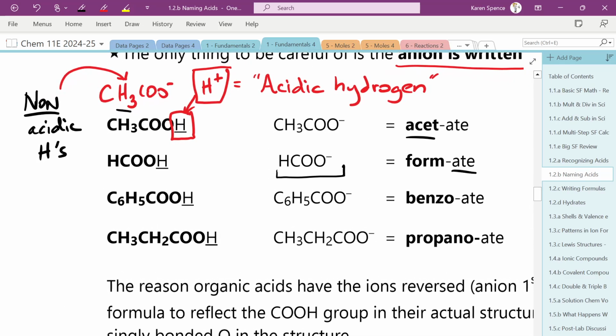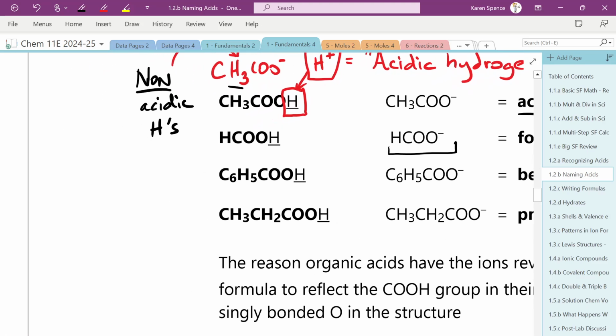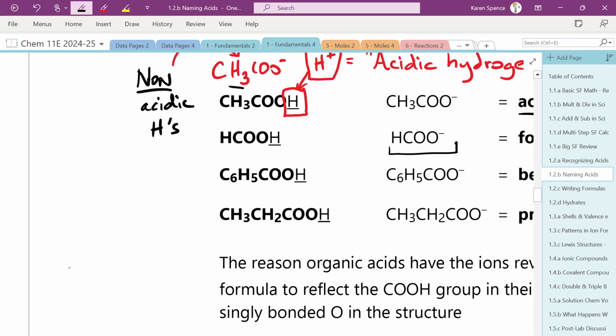Now, why do we write them this way around? It actually has to do with the real structure of the molecule. So if we have an organic compound, let's say we have a carbon. Do you guys remember how many valence electrons carbon has? That's a big ask, isn't it? Carbon is in group 14, so it has 4 valence electrons.